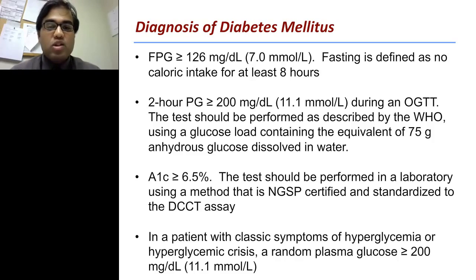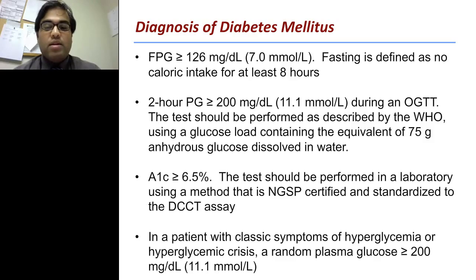The key thing to remember for any one of the first 3 tests, you need a repeat of that test. Now, this could be done by repeating the same test, or by measuring 2 separate tests on one sample. Our hope is that we're able to detect more of those undiagnosed patients so we can help them better manage their disease.